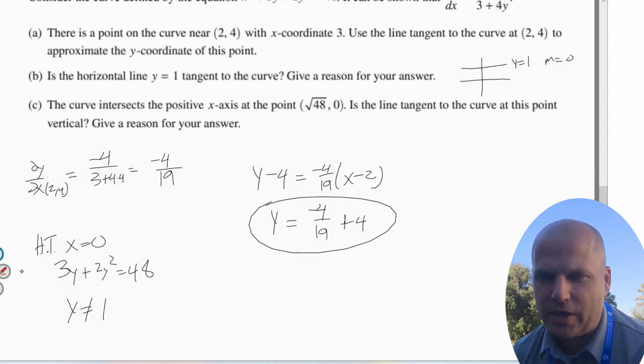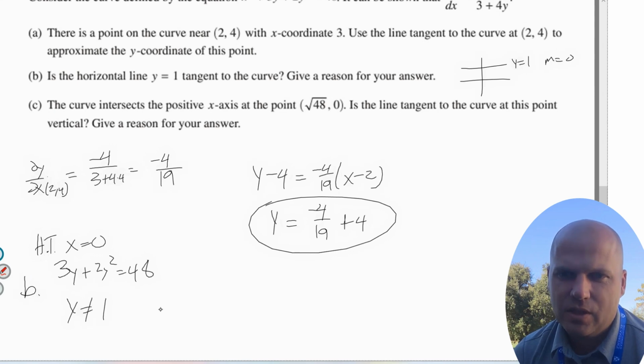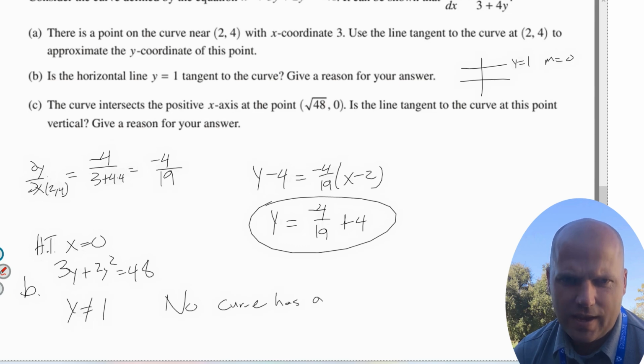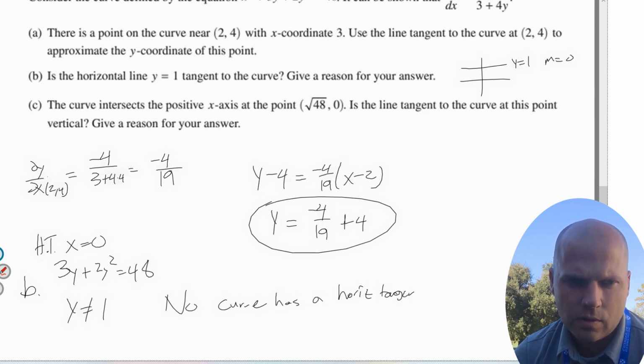You have to explain stuff a lot for your response. So for B, my answer is no. Why? The curve has a horizontal tangent when x equals 0.